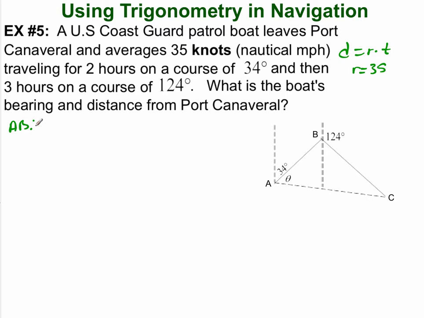So the distance for AB is going to be 2 hours times 35 knots, or 70. And then 3 hours on a course of 124 degrees. So that's going to be BC. So BC is 3 times 35, or 105.